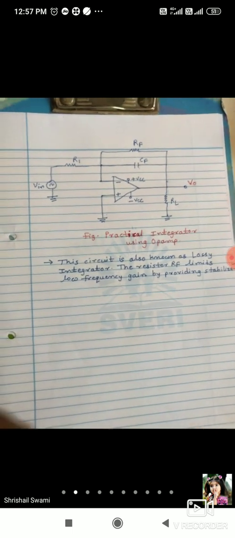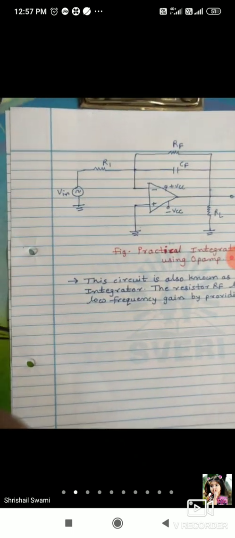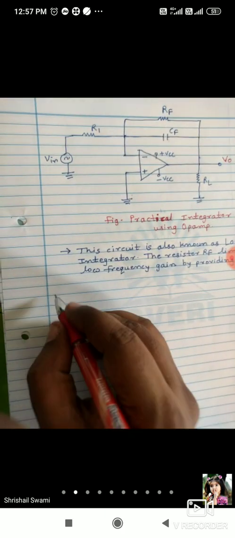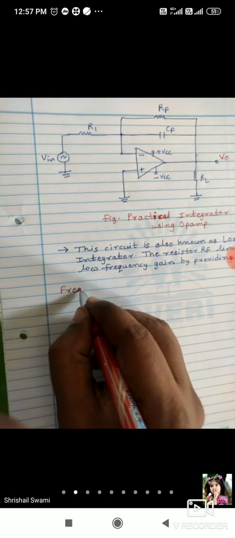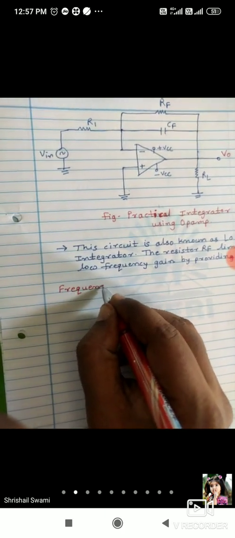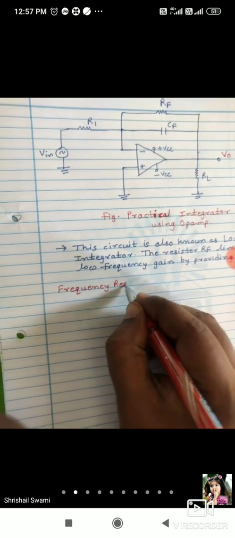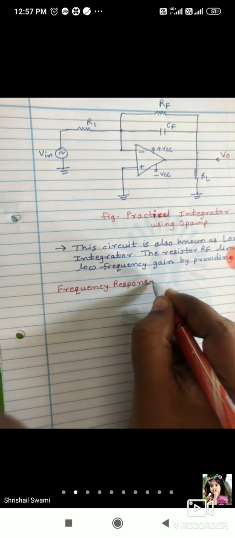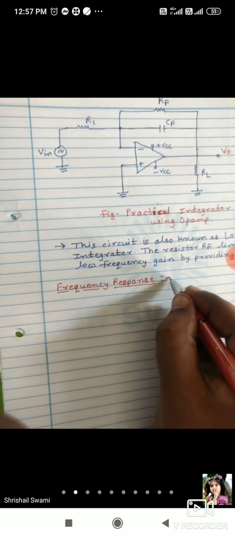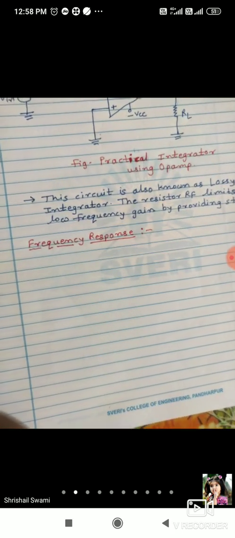So now we have to understand the frequency response. This is the description and working of RF, or the function of RF, that we have seen in the practical integrator. Now we will see the frequency response of the integrator circuit.